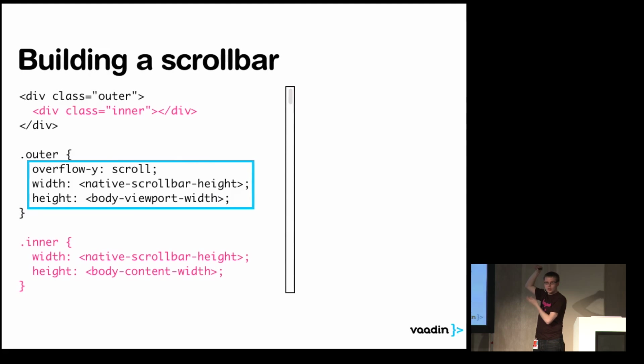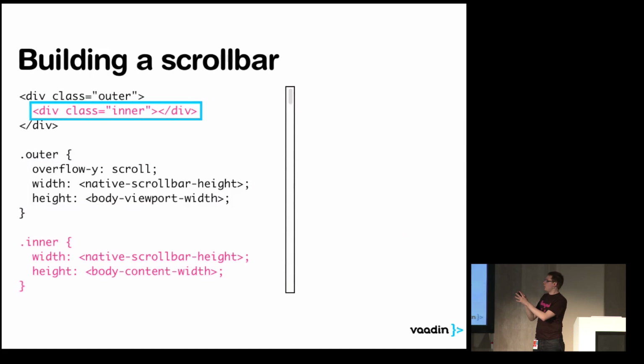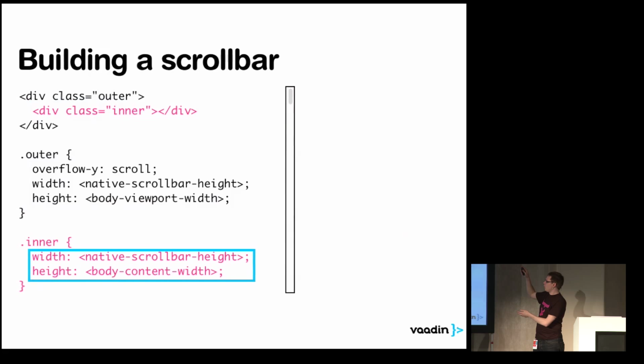Height is the size of the viewport. And then inside, just a div with some styles. The width is again the same as the outer div, and the height is as big as we want to fake that the content is. So the amount of stuff we scroll through.